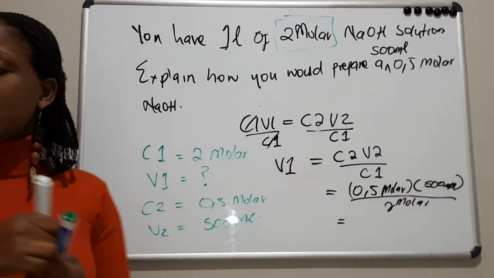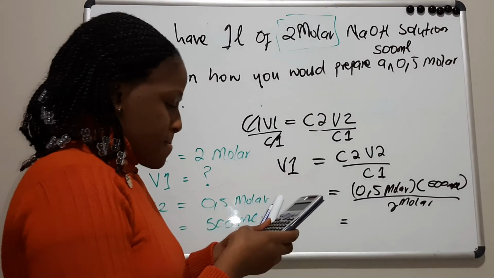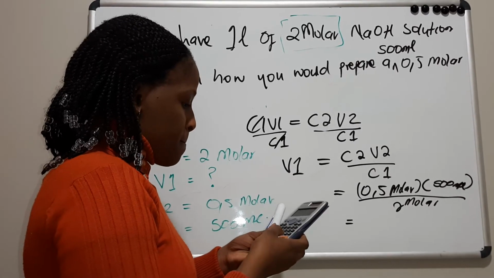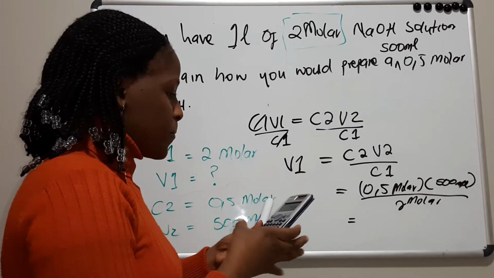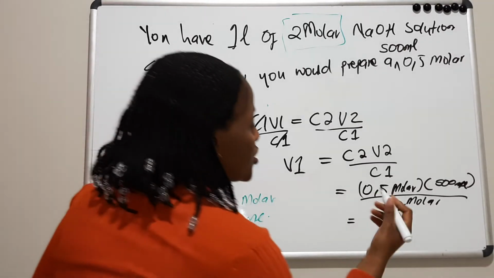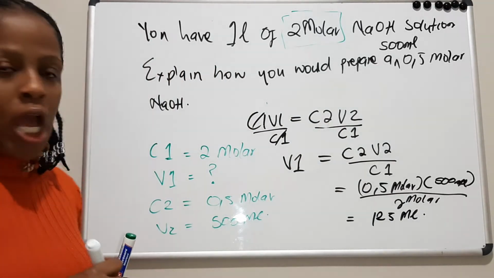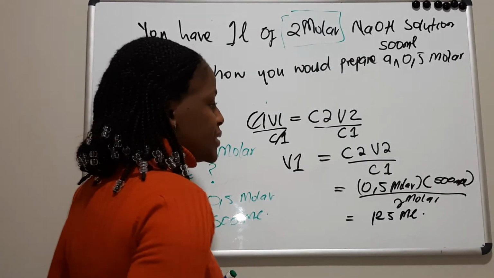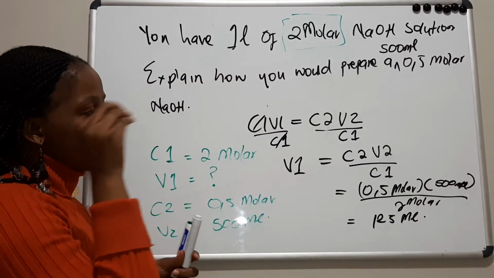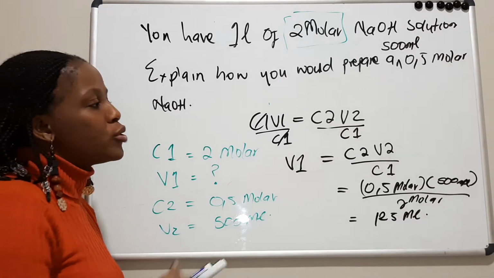Then you just punch this into your calculator, which gives you the answer of 125 milliliters. So basically what this means is that from this 1 liter of your 2 molar solution, you're only going to measure 125 mils of it.